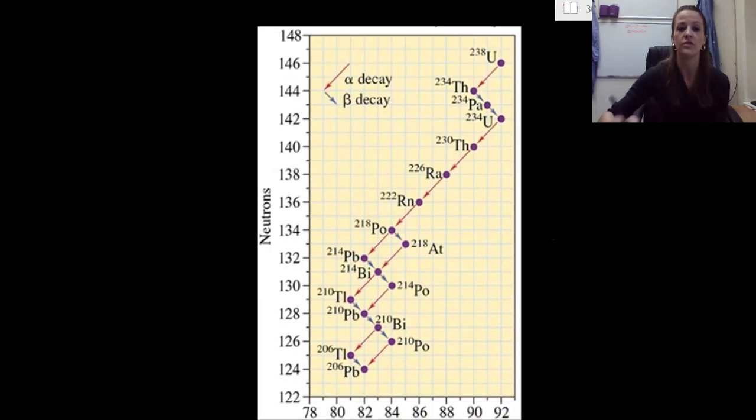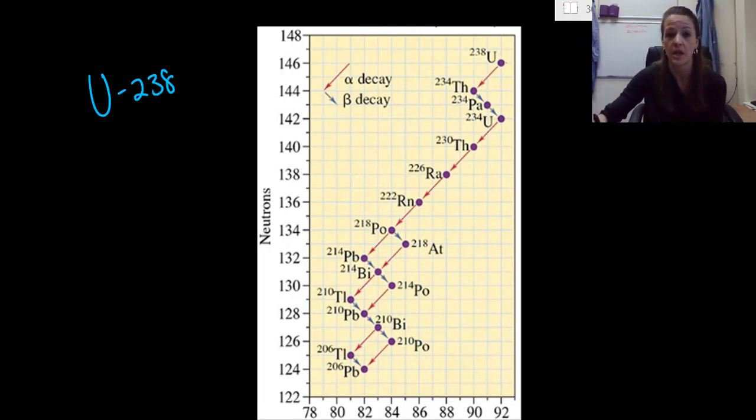So let me show you this example in a little graph here. So this is the radioactive decay series of uranium-238. And so just like we saw in the very beginning, we see that uranium-238 spontaneously decays through alpha decay to create thorium, all right? So you see how I'm going from the upper right-hand corner to the lower left-hand corner. And so whenever we have an arrow like this, that is indicating that we have what's called alpha decay.